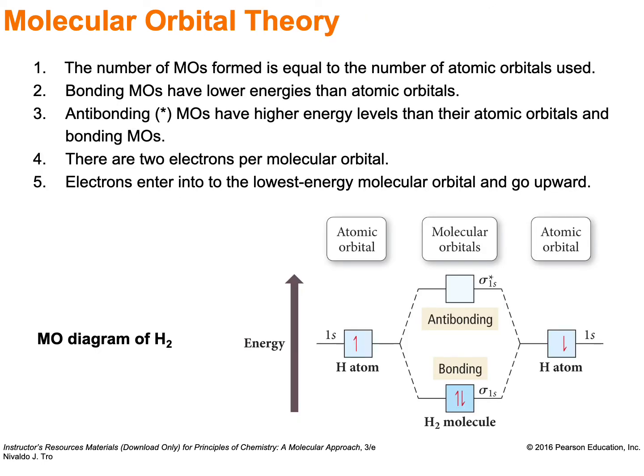Let's look at the molecule H2 and talk about atomic orbitals as seen for each hydrogen atom on the far left and on the far right, and in the middle, the creation of molecular orbitals. These are low and high energy orbitals called bonding, of the low energy, that are filled first, and anti-bonding that are filled next.